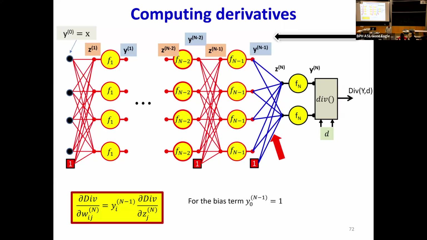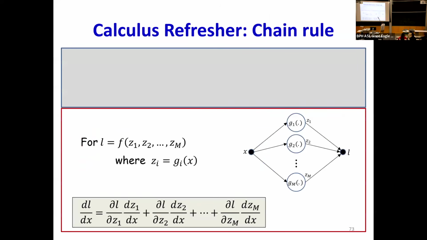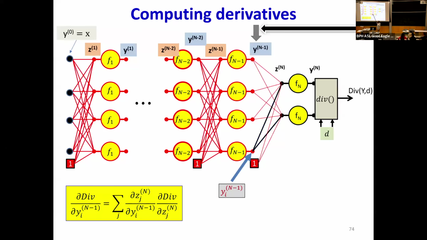Correct? So if I want to compute the derivative of the divergence with respect to y, I'm going to have to sum over both of these z's, using the same principle here. The derivative of the divergence with respect to y is going to be the derivative of the divergence with respect to this z times the derivative of this z with respect to y, plus the derivative of the divergence with respect to this z times the derivative of the z with respect to y.